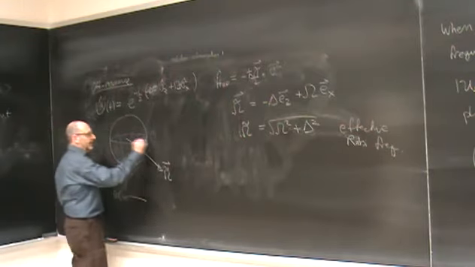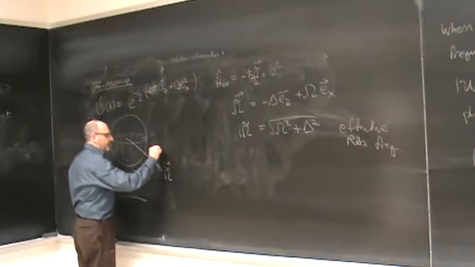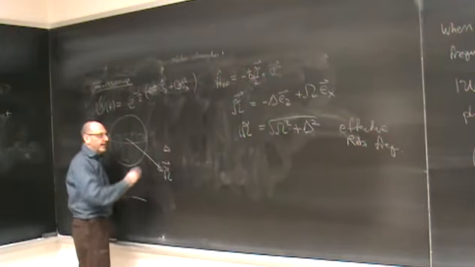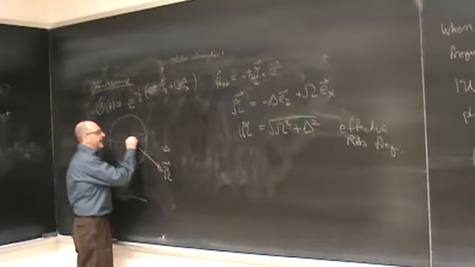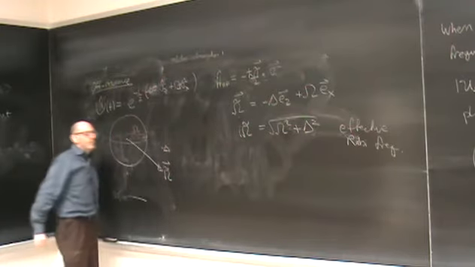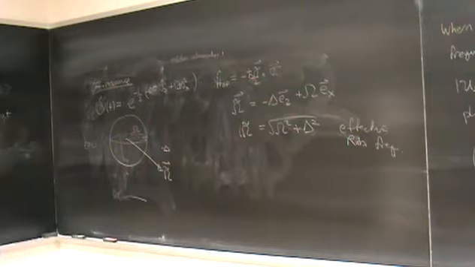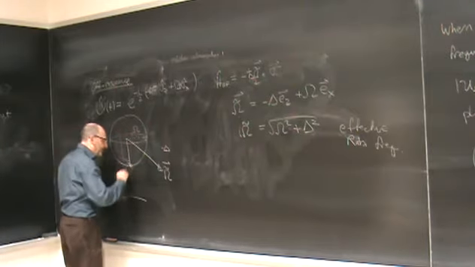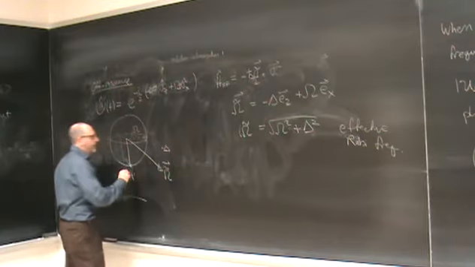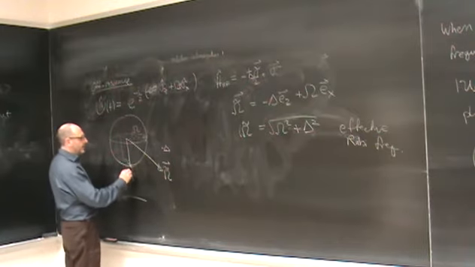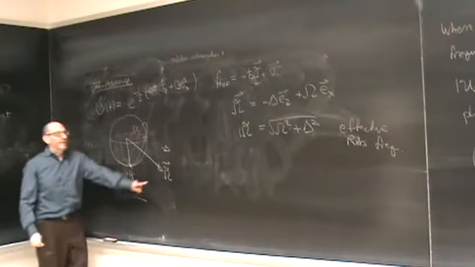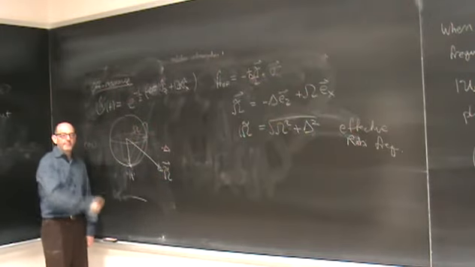It has a component that is delta along this direction, and then it has a component which is the bare Rabi frequency along this direction. If I start the system spin down, it will precess around this axis at that frequency. Okay?